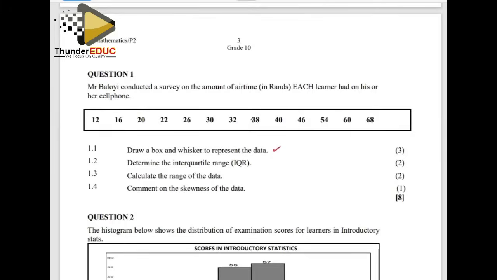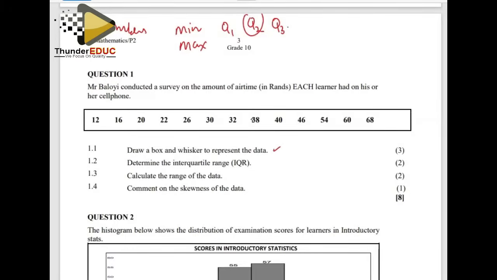Now, one thing we know about a box and whisker is that it represents 5 numbers. Which 5 numbers? Basically the minimum, the maximum, the Q1, the Q2, as well as the Q3. So before we even start, we need to start by looking for the Q2.